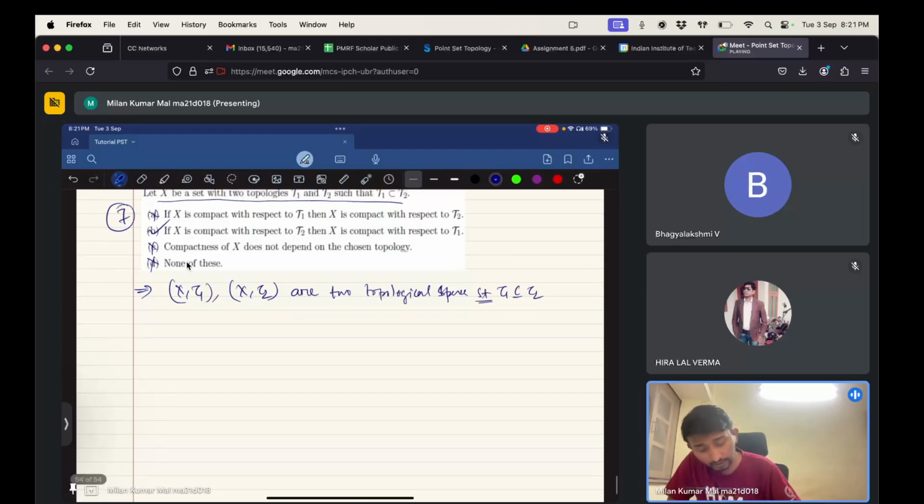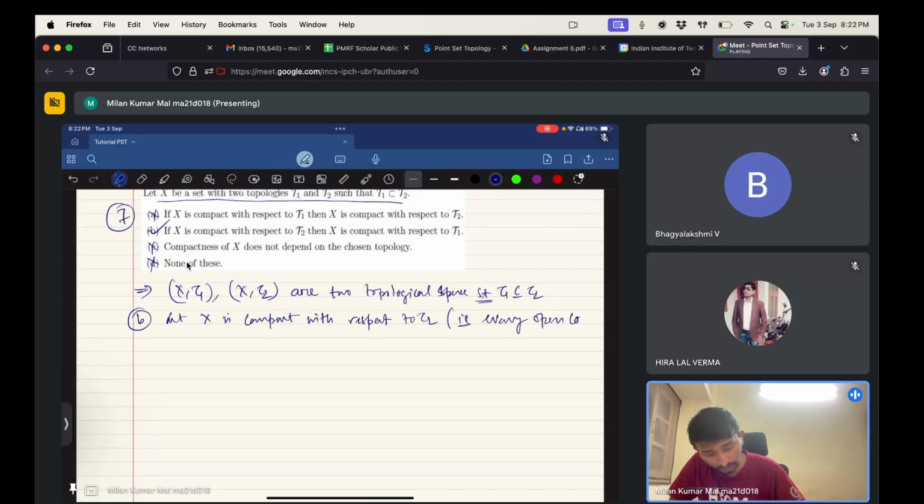Now let X be compact with respect to tau 2. That means every open cover in tau 2 has a finite subcover. That is the definition of compactness.